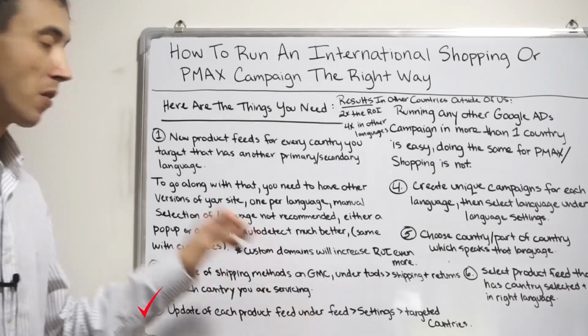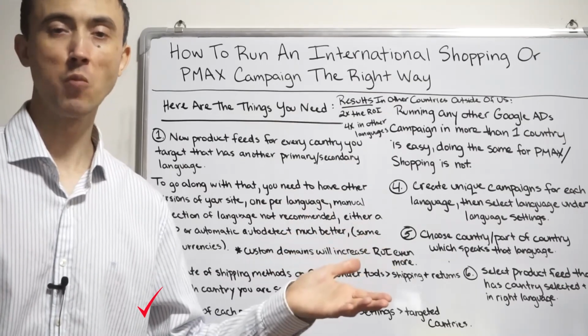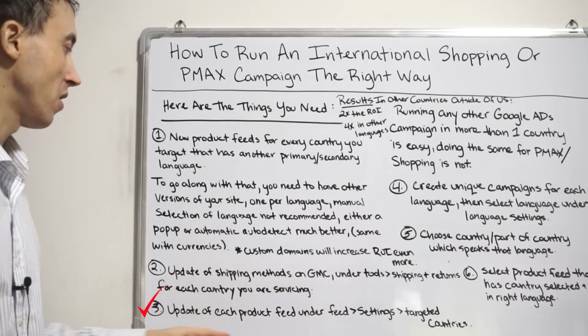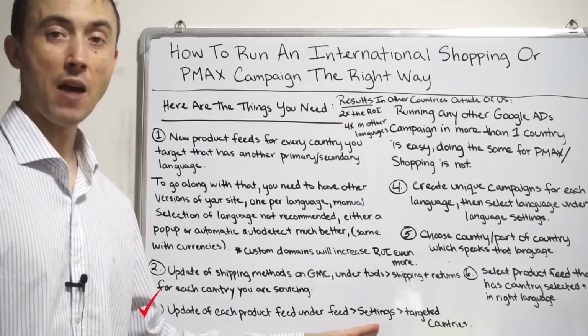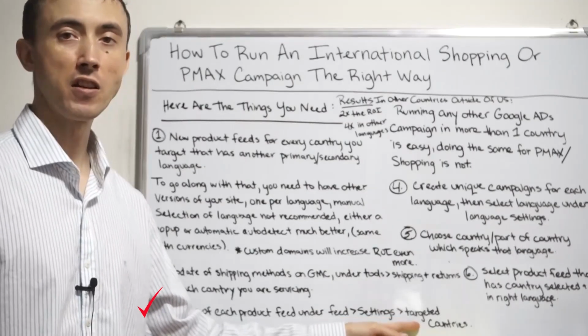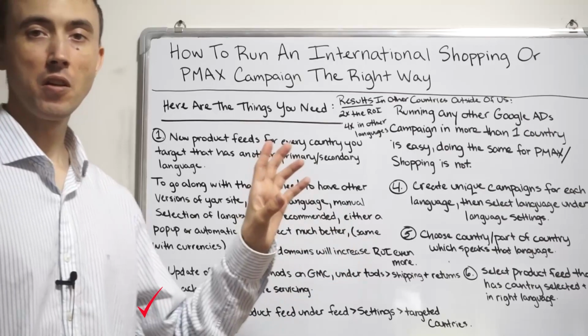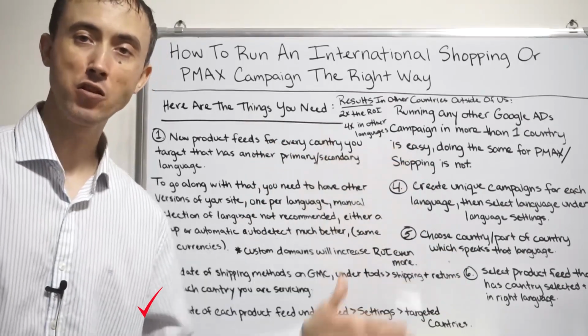you're going to click on your feed. Obviously you can only click on one at a time, but you click on your first feed, and then you go to settings after you've clicked on that feed in Google Merchant Center, and then you're going to go to targeted countries and click on that, and make sure you have listed the countries that you're going to target.